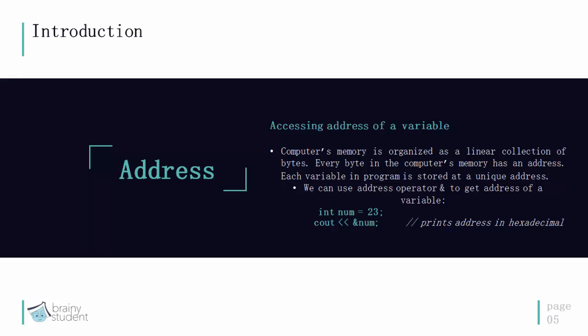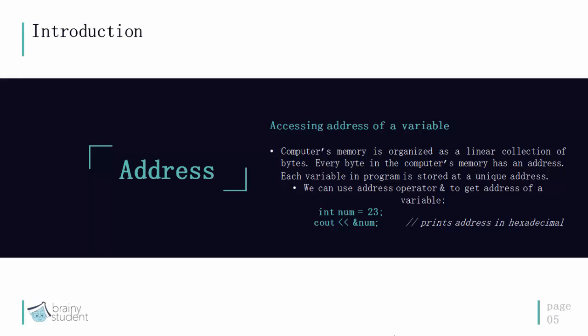Using this assignment operator, I'm assigning 23 to num. Now, if I want to get the value 23, what do I have to do? I have to write cout num. Fine, we know this. Whenever we want to print the value, we have to write cout and the variable name.